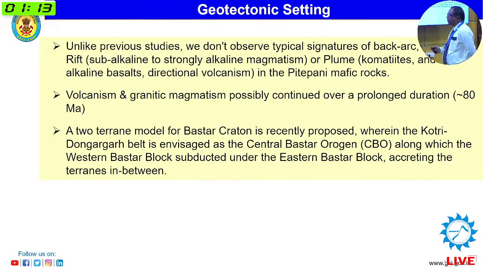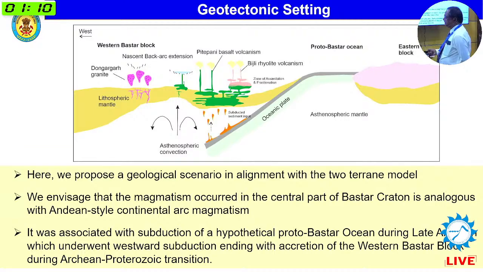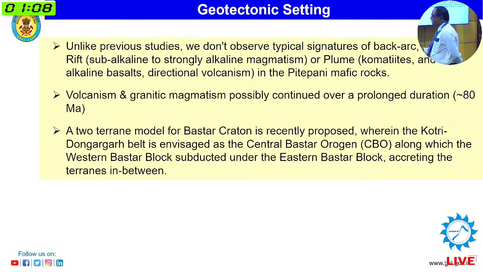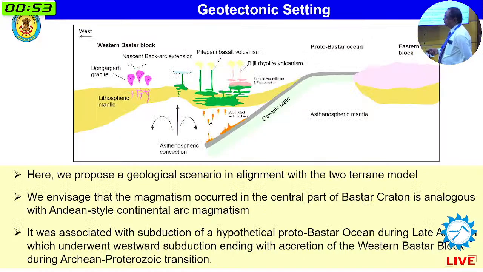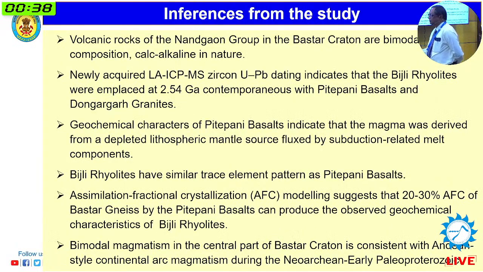Here we think that there is an idea that the Bastar Craton has a two-terrane model, recently proposed, where they say there is a central Bastar volcanics, and we also propose in the same alignment that probably this magmatism occurred in the central part of the Bastar Craton and is analogous with Andean-style continental arc magmatism. So these are the inferences.